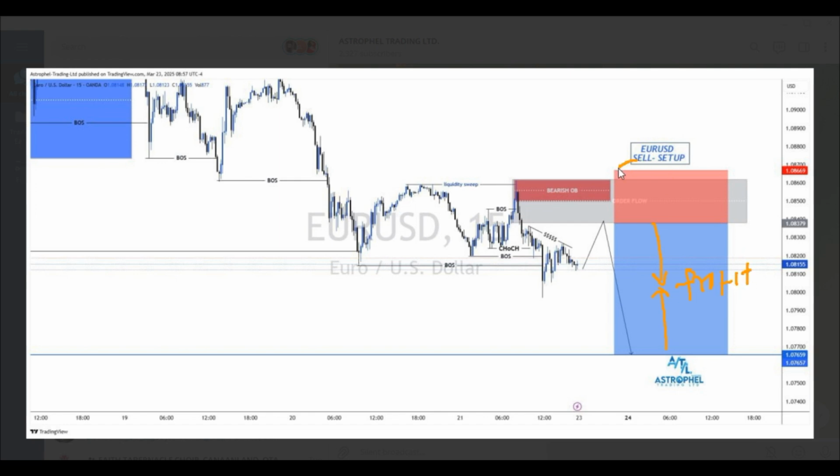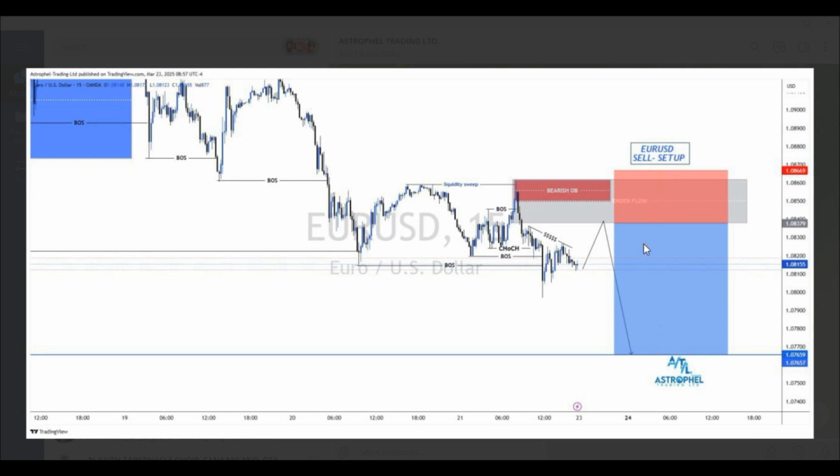Our risk is this red area. If you look at this, it is just like 1:2.5 or 1:3 risk reward ratio. So this is how we measure our risk reward ratio. We are risking a small portion to make a large portion, as we can see. So this is what risk reward ratio means.